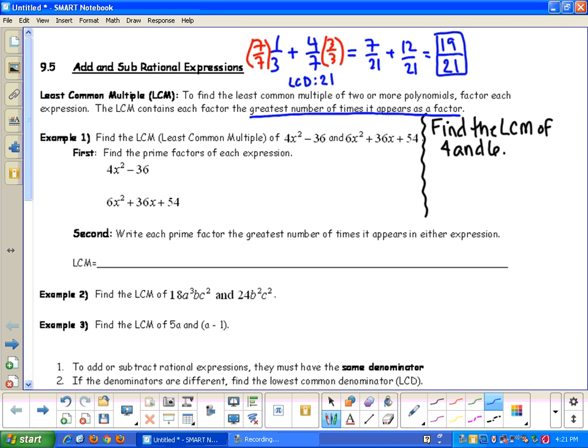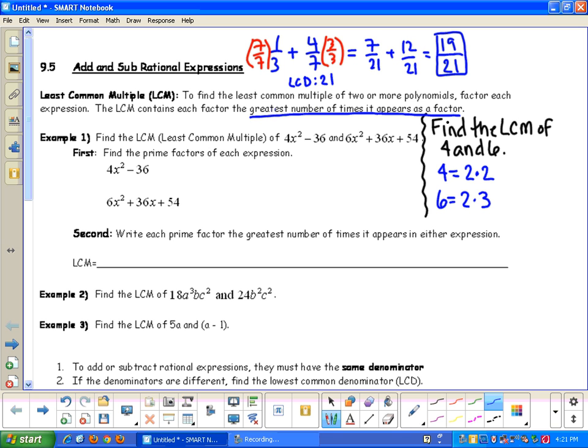So let's start with numbers because those are usually easier to do first. If we want to find the least common multiple of 4 and of 6, the first thing I would want to do is simplify each all the way down into prime factors. So 4 can be written as 2 times 2, and then 6 can be written as 2 times 3.